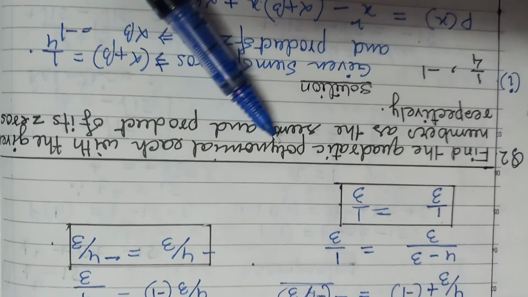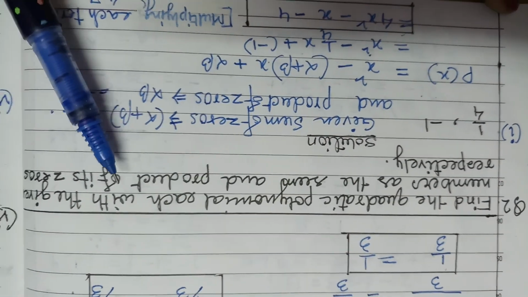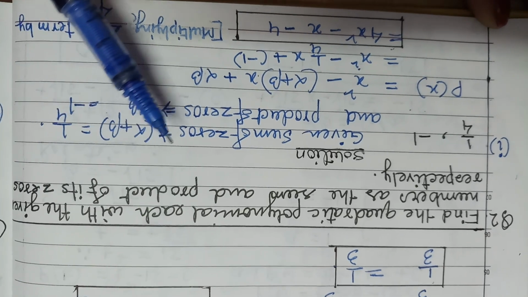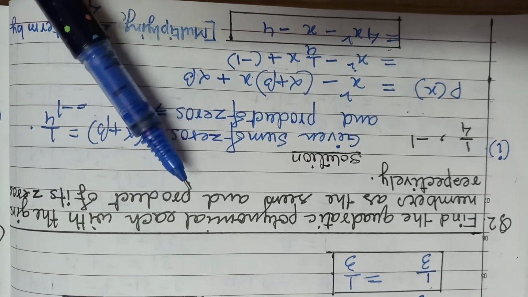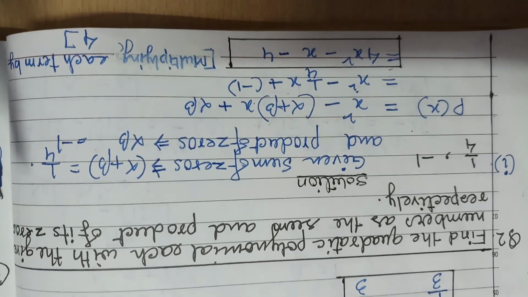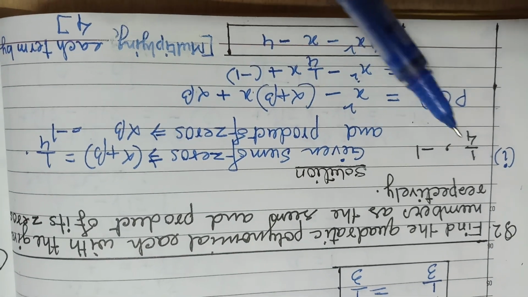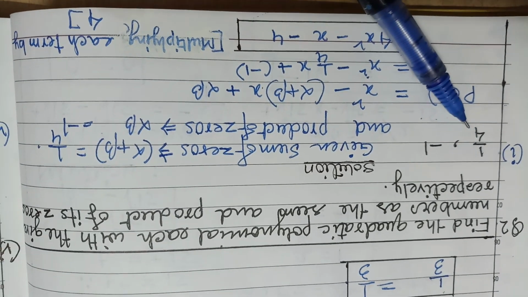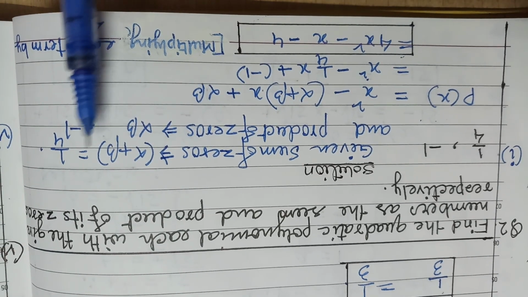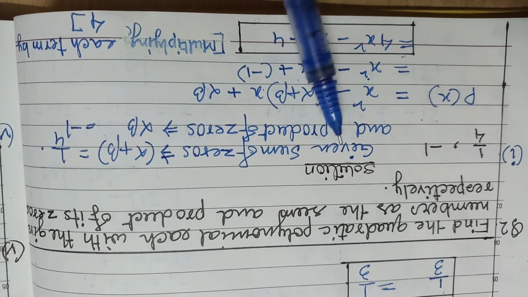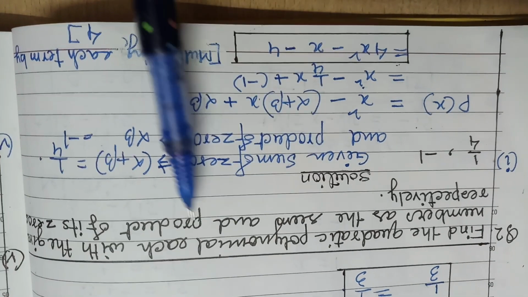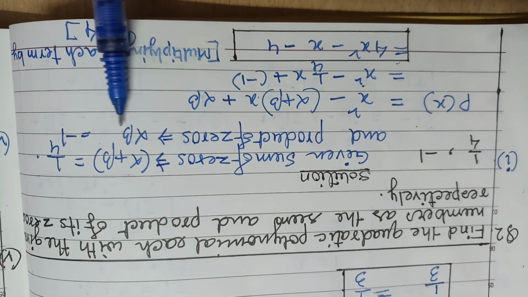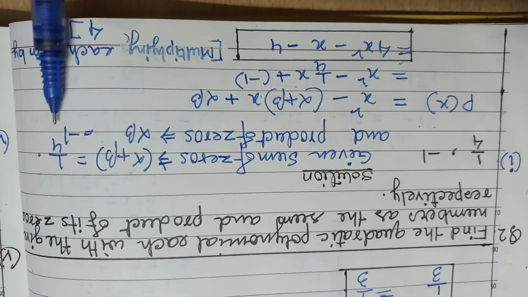Find the quadratic polynomial with the given numbers as the sum and product of its zeros respectively. Sum 1 upon 4 means alpha plus beta is equal to 1 upon 4. Product is alpha beta, because here the sum and product are given. Product means alpha beta is equal to minus 1.